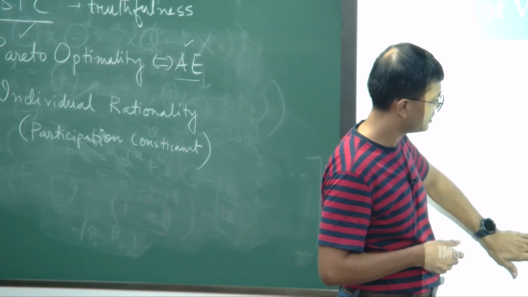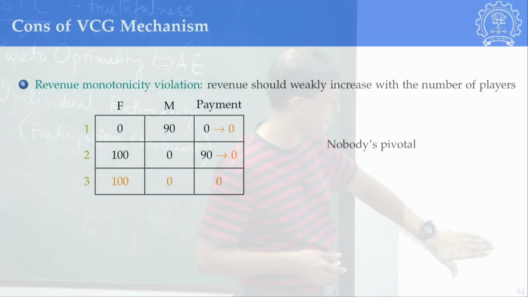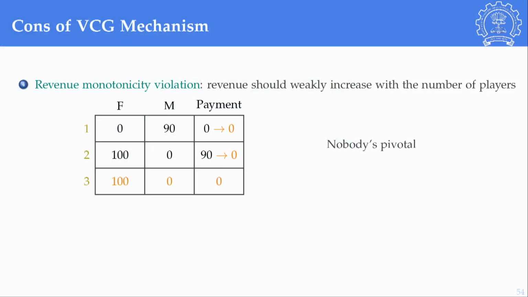So, suppose initially I did not have this third agent, right. Now, you know that VCG will take this public decision of f, and it will charge the second. So, this is a very simple second price kind of a scenario.